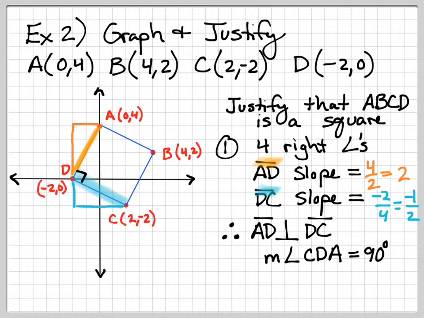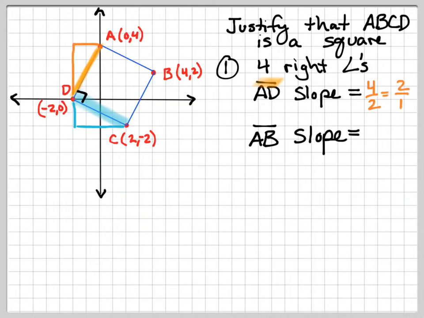Okay, next one. Let's look at segment AD and AB. So we already know the slope of AD. The slope of AD is in orange over here. It's rise 4, run 2, which reduces to 2 over 1. So we can just indicate that. Okay, so when I look at the slope of AB now, because I want to compare segment AD with AB, and we want to see if their slopes are also opposite reciprocals.